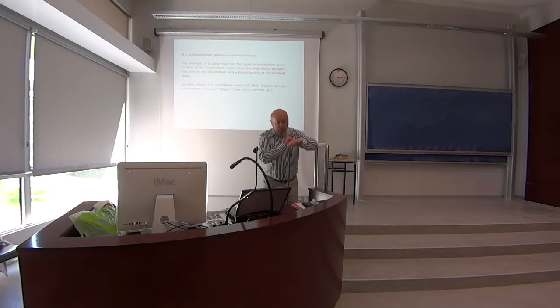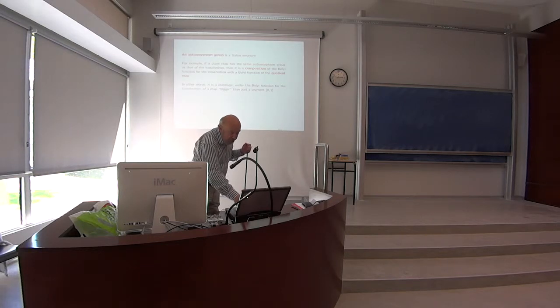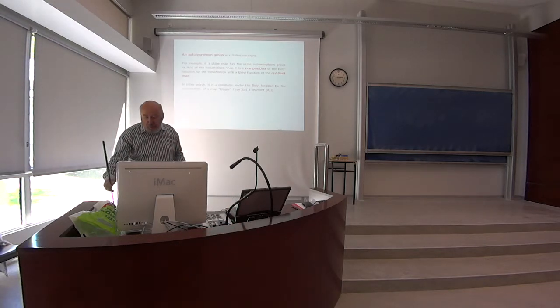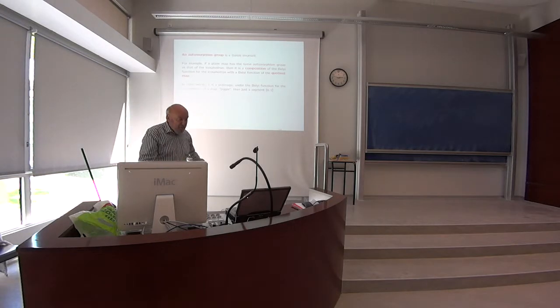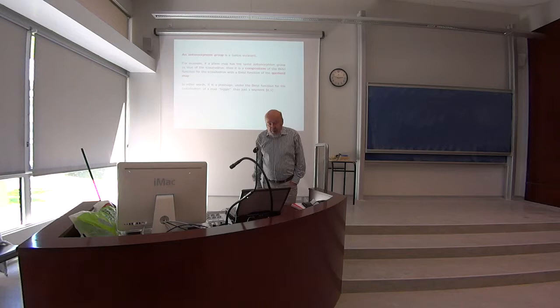And maybe I stop here because the next example is very beautiful, but needs some time. So an automorphism group is a Galois invariant. That's obvious. Okay, so I stop here.